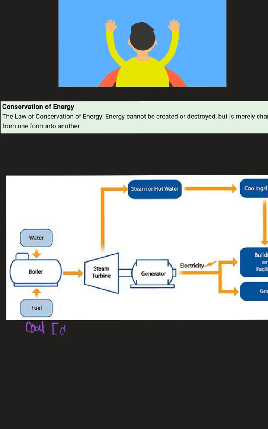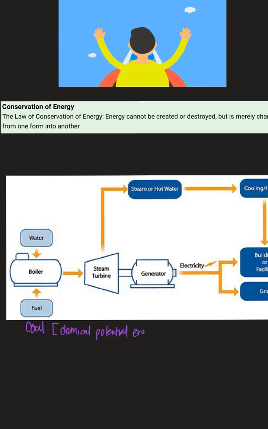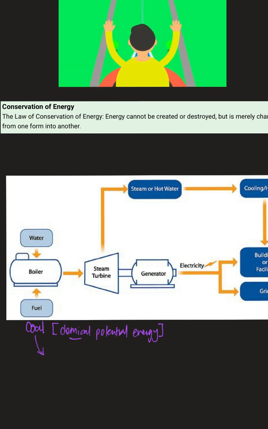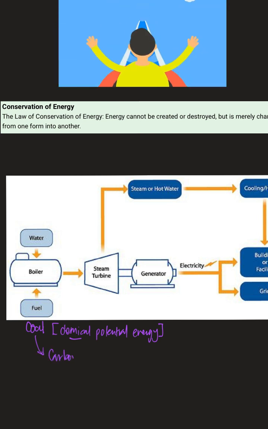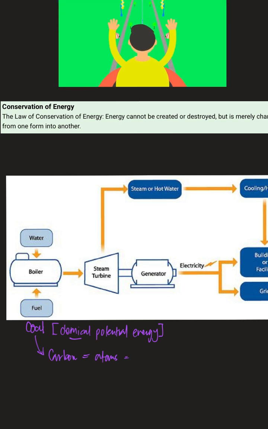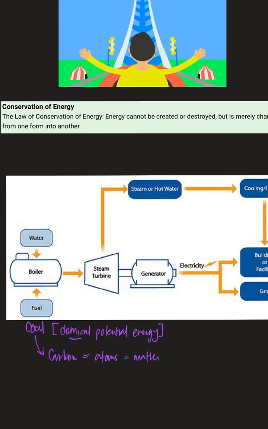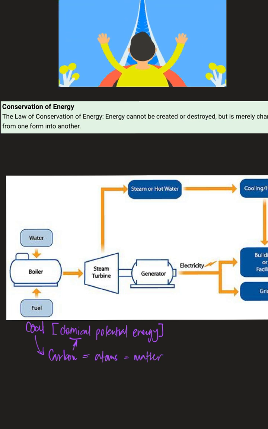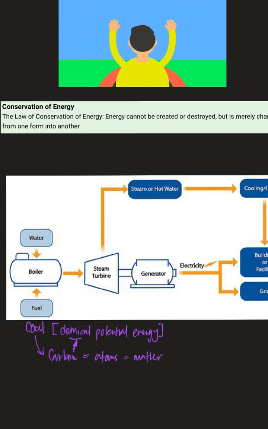And coal has chemical potential energy. It possesses that energy. Chemical, because coal is made up of carbon, and carbon is made up of atoms, and all atoms are matter. And we know that carbon is a chemical that I can find on my periodic table.